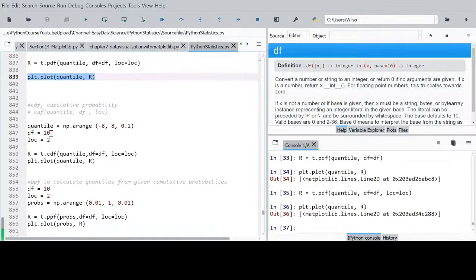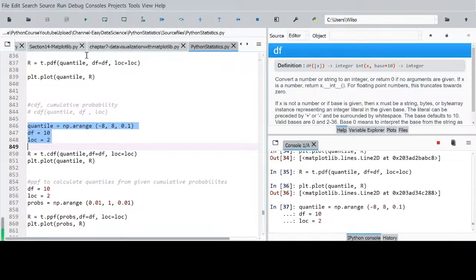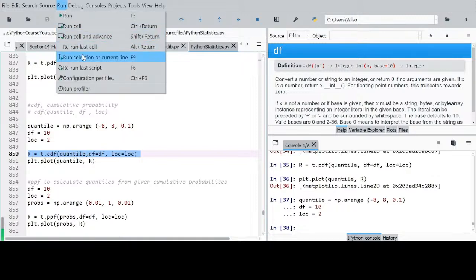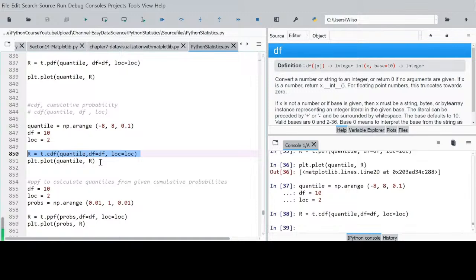So the next function, called CDF, is used to calculate the cumulative probability for the corresponding quantile value. We also set the quantile, df, and location the same as before. Then we can use the CDF function to calculate the cumulative probability for each quantile value.